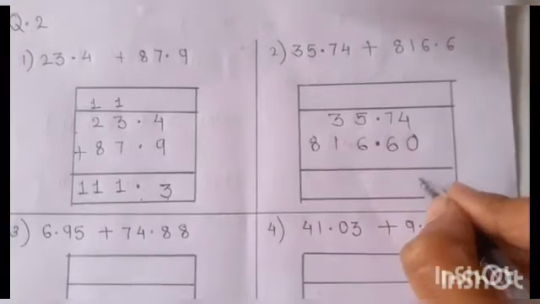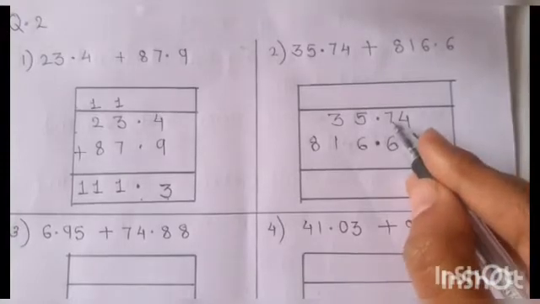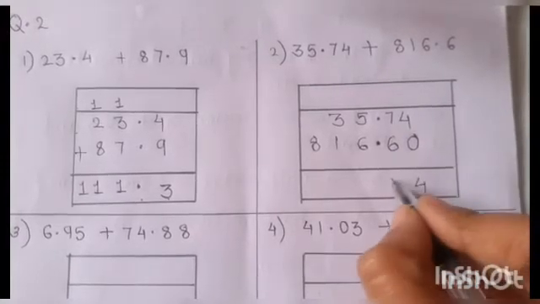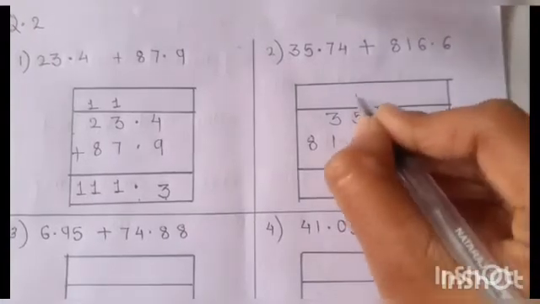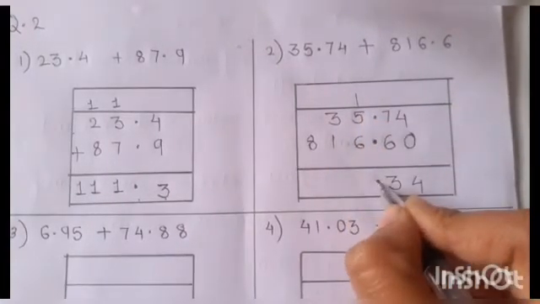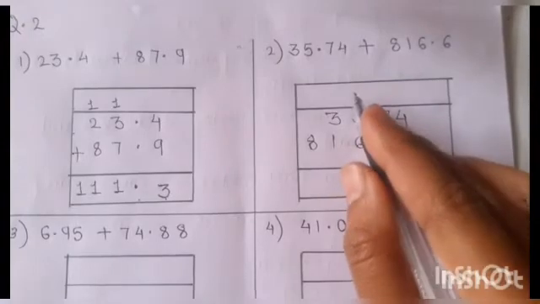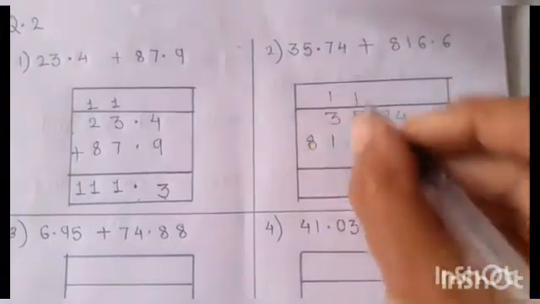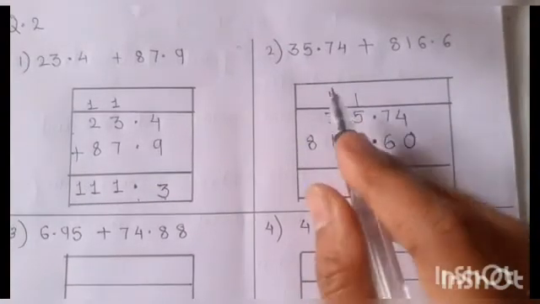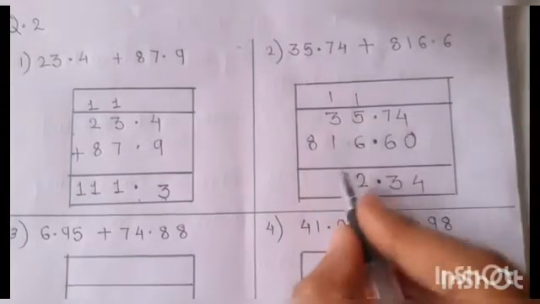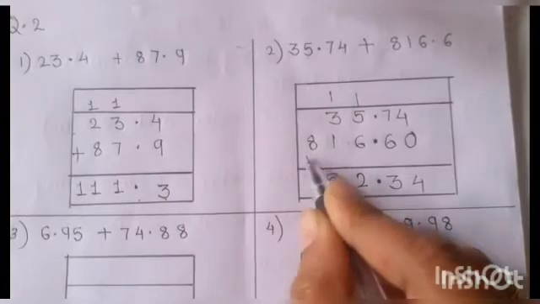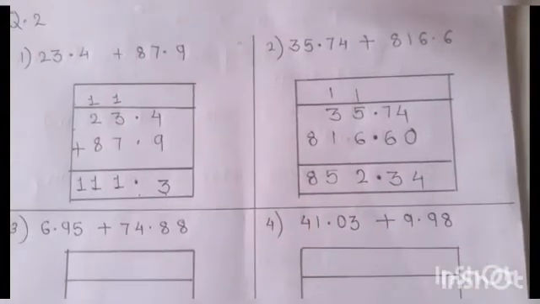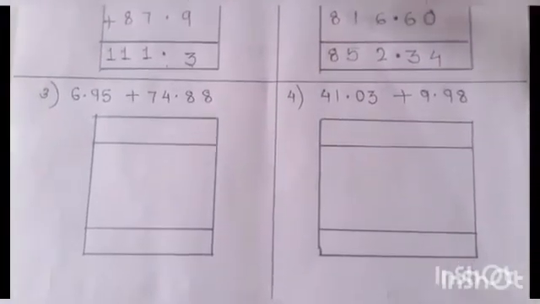Okay. 4 plus 0 plus 6, 10. 7 plus 6 plus 1, 13. Carry 1, point under point. 5 plus 6 plus 1, 12. Carry 1. And this 8 you will write as it is. So addition is done in this way.